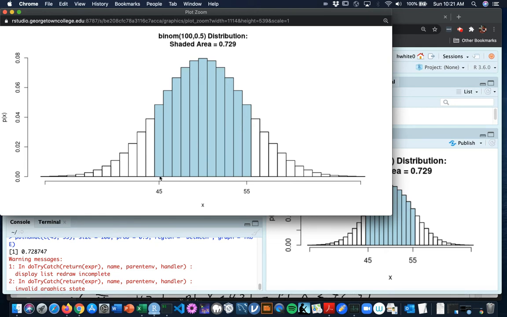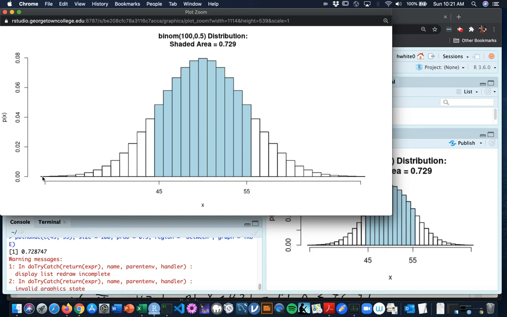Each rectangle is centered over a possible value of the binomial random variable, and each rectangle has width 1. The height is the probability of getting that value. To get that probability from 45 to 55 heads, you need all of those rectangles included.